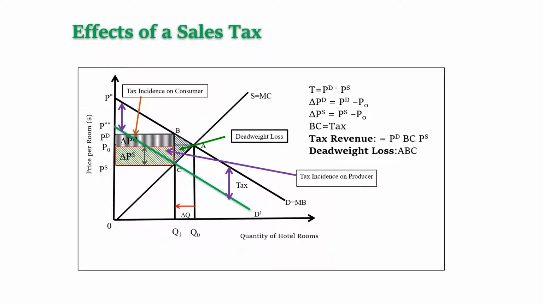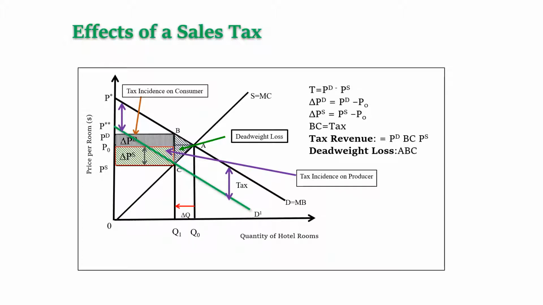Notice that the difference between PD, the supply price, and the demand price is equal to the tax, and that difference is the same as BC. It's the wedge that is created because of the tax. And what happened to quantity after the tax? Quantity reduces to Q1, so we have a change in quantity there, which is delta Q.